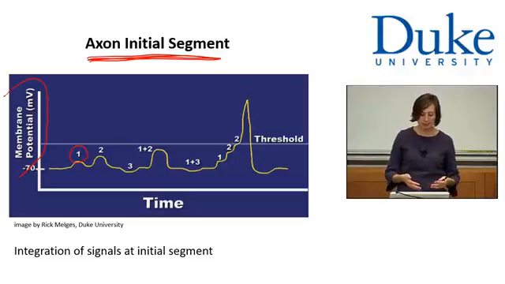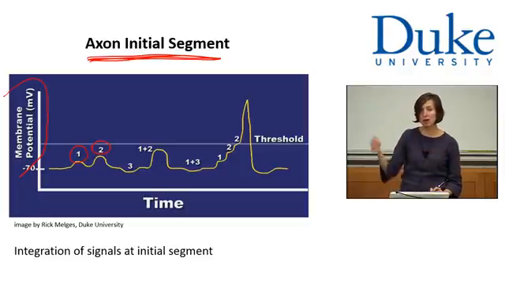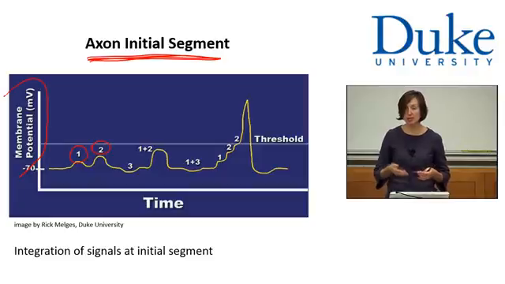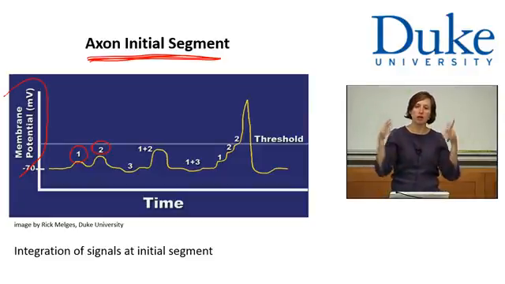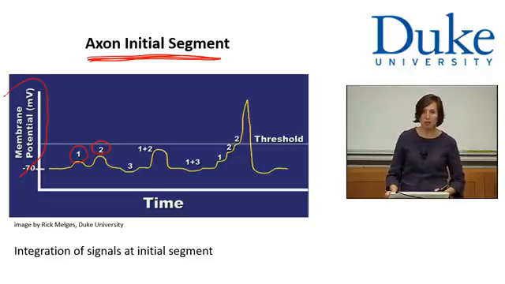Synapse 2, when it fires, in this case causes an even larger stimulus. So maybe it's closer to the axon initial segment so that there's more of those positive charges that come in when those sodium channels open and reach the initial segment to make a larger depolarization there.